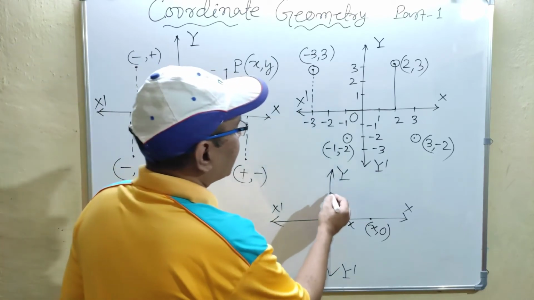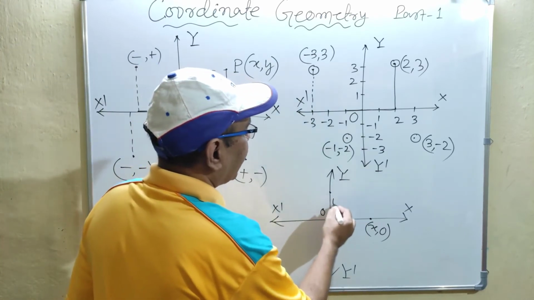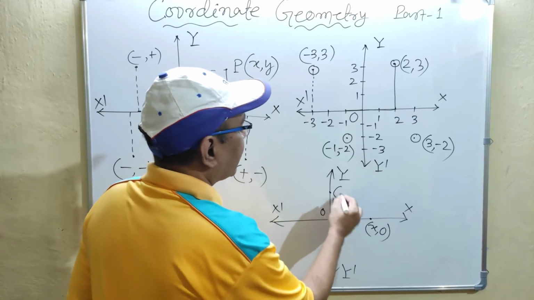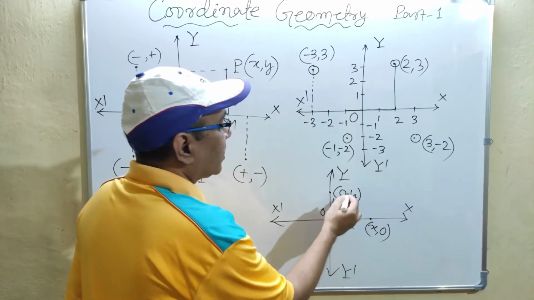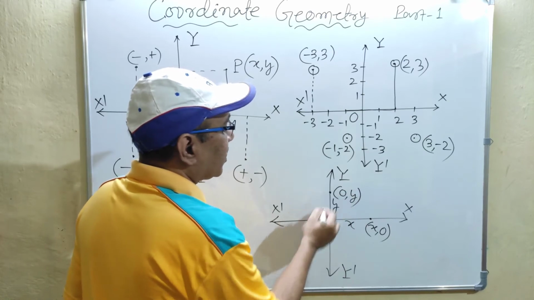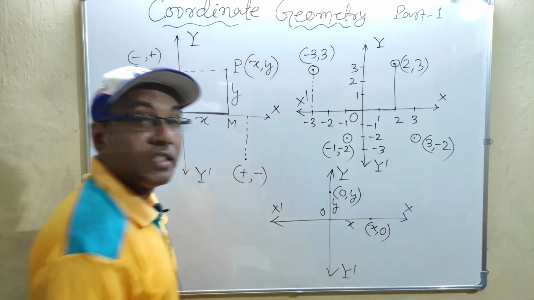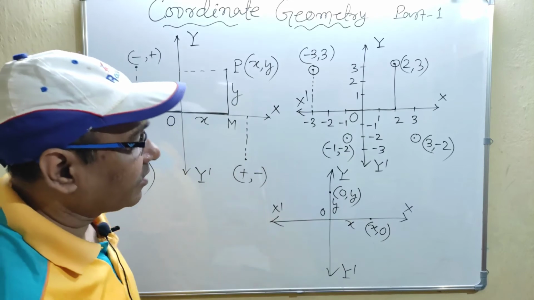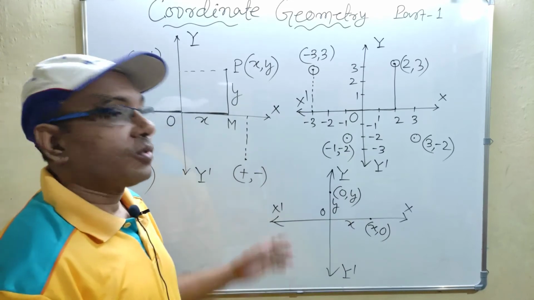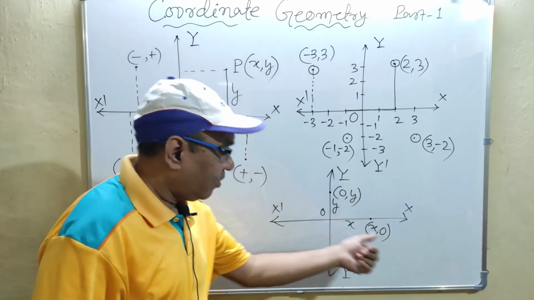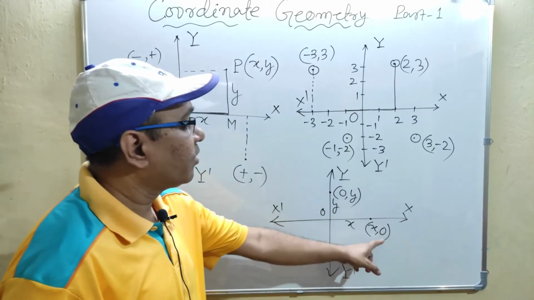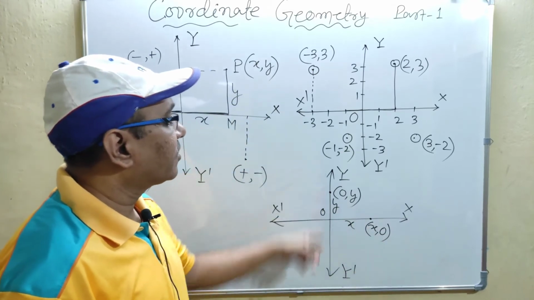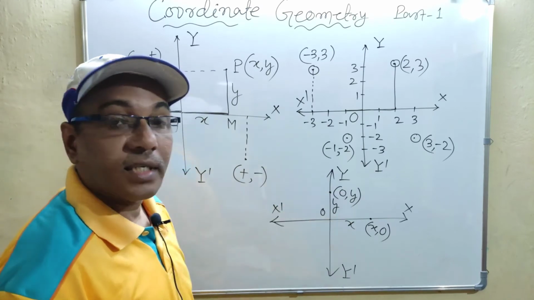If any point is there on y-axis, suppose this height is y, its x coordinate is 0, y coordinate is y. X coordinate 0 means its distance towards x-axis is 0, because it lies on y-axis. So any point on x-axis has y coordinate 0, and any point on y-axis has x coordinate 0.